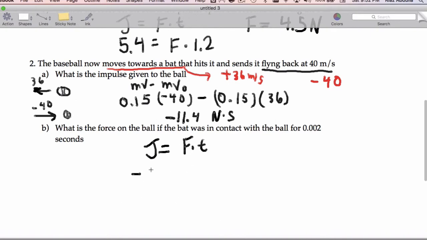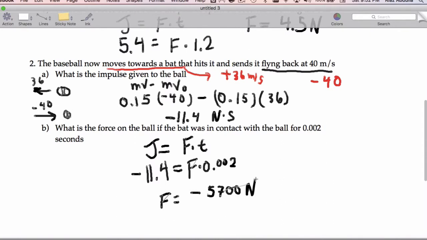Putting in the numbers, that'll be negative 11.4 equals F times this 0.002. So when we isolate F, we're going to get a force of negative 5,700 newtons. All right, so that is page 1 of the practice test.